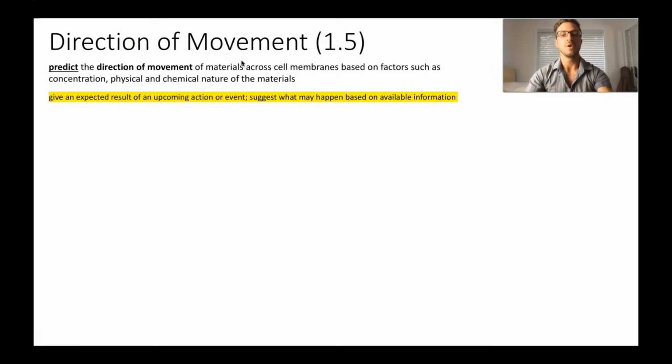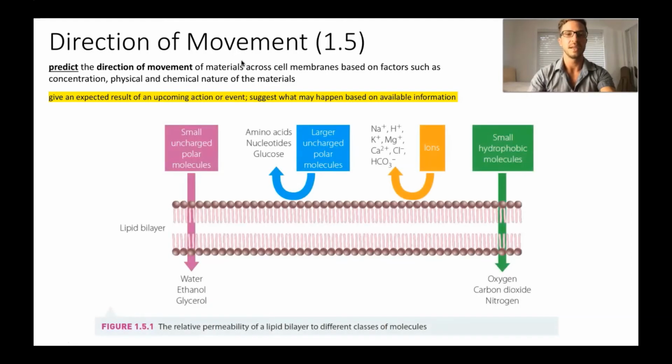So whether or not a substance moves across a membrane depends on a few different factors. That can be concentration, or it can be physical and chemical factors. So this diagram here is taken from page 20 of the text, and it summarizes how the relative permeability allows some things to pass through, but not others.